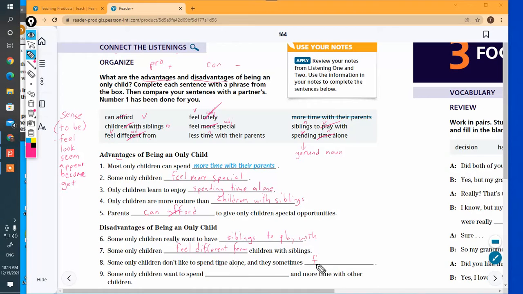There's always a clue, right? Look for the clue in the rest of the sentence. Okay, so the last one should be easy. Some only children want to spend less time with their parents and more time with other children. Okay, very good. So let's go on to the next one.